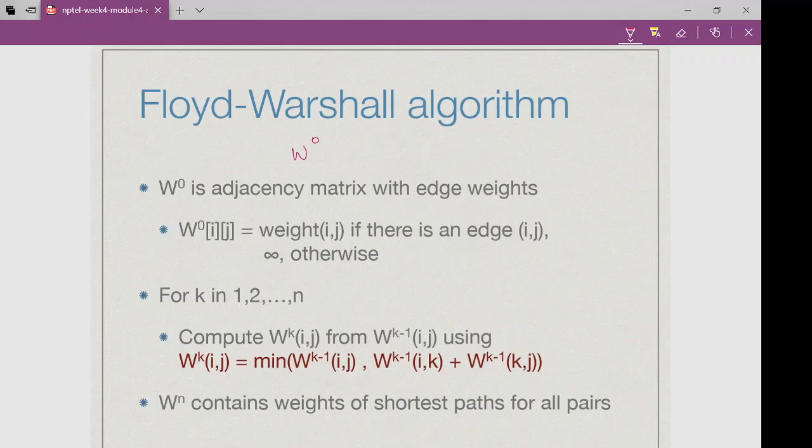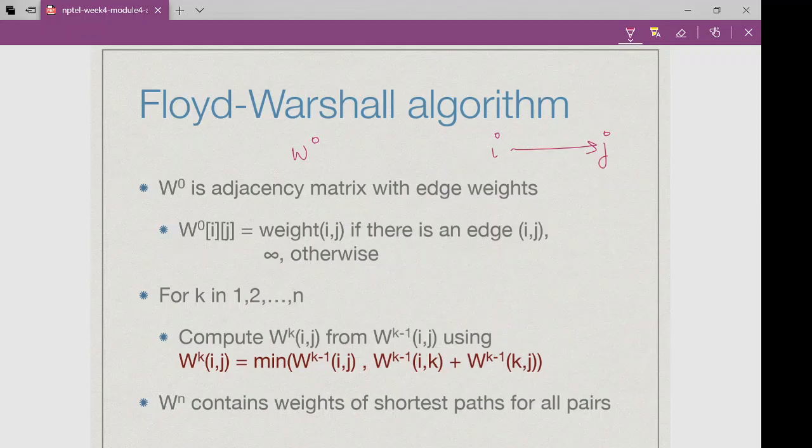Because k is 0, we don't want any vertex in between i and j. So if there is a direct edge between i and j, then the value of W0 ij is that weight, whatever is written at that edge. If there is no such edge, then the weight is infinity.